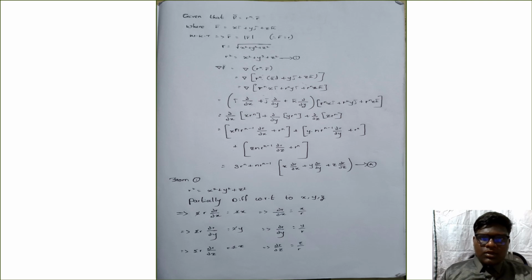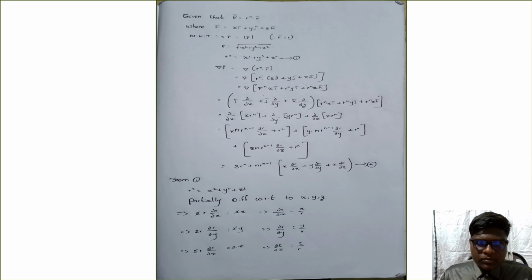So from equation 1, that is r square is equal to x square plus y square plus z square, we partially differentiate with respect to x, y and z. With respect to x, we get 2r into dou r by dou x equal to 2x, that gives dou r by dou x equal to x by r.